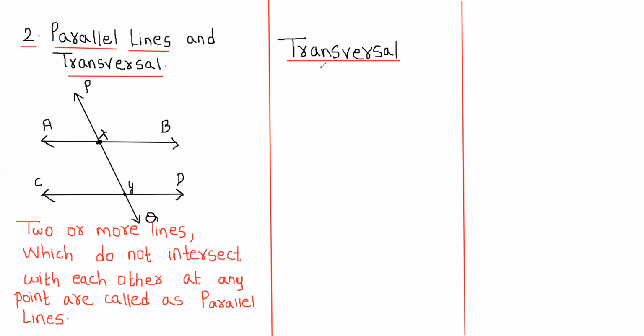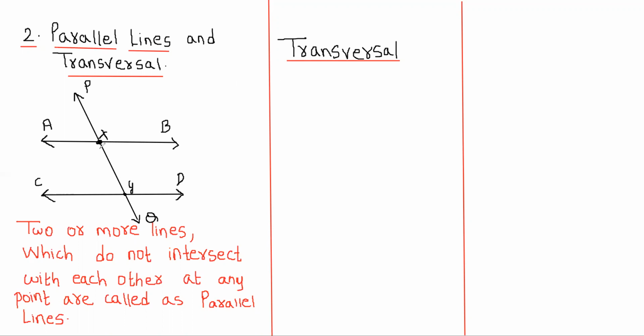A line which intersects two parallel lines at two distinct points, meaning two different points, is called a transversal.